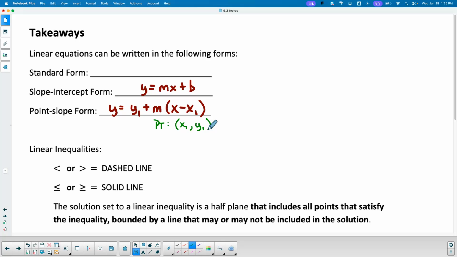Standard form is a little different. Standard form is x and y are on the same side, and the numbers are just on the other side.